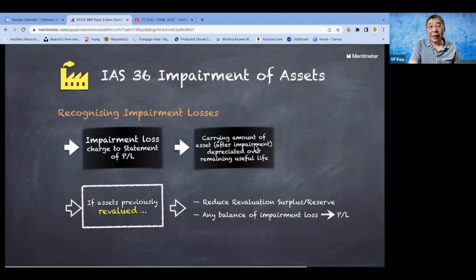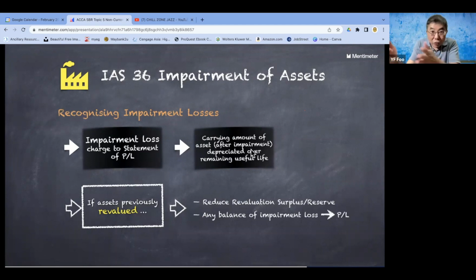The carrying amount of the assets will also be deducted, because it will obviously reduce your carrying amount, and therefore it will affect your depreciation. Once you have impaired an asset, the carrying amount goes down, then you will have to allocate the carrying amount over the remainder of the useful life.